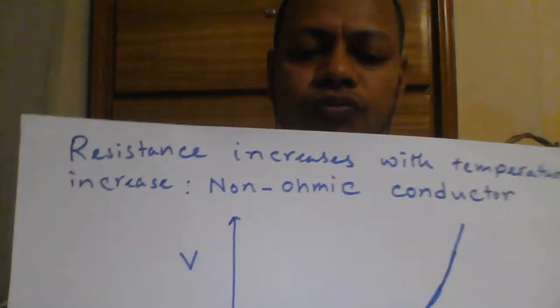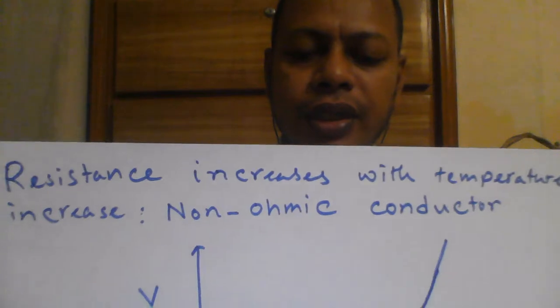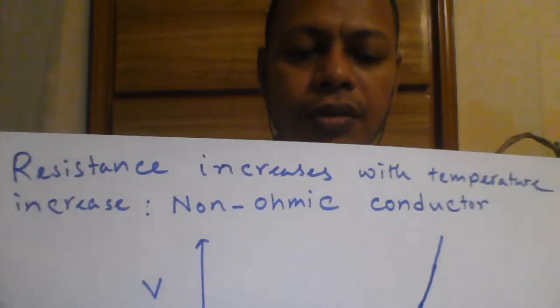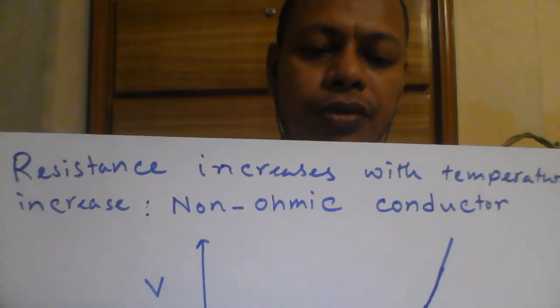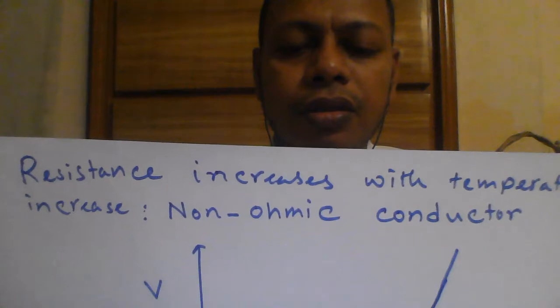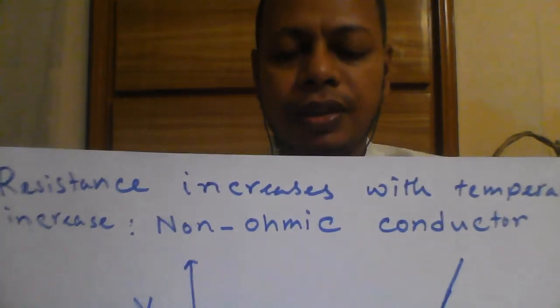The graph, you see where it is a straight line, that part is following Ohm's law, but the other part, which is curved, that part is not following Ohm's law, that is not directly proportional.